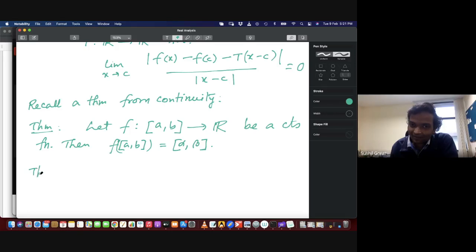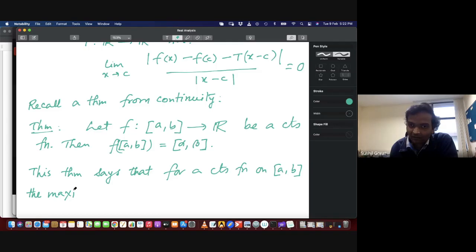This theorem says that for a continuous function on a closed interval [a,b], the maximum and the minimum are attained.